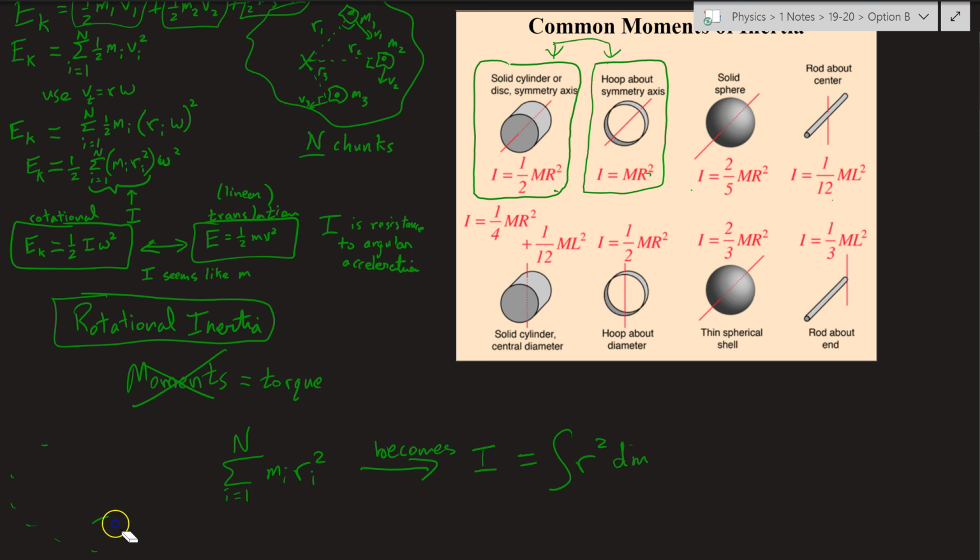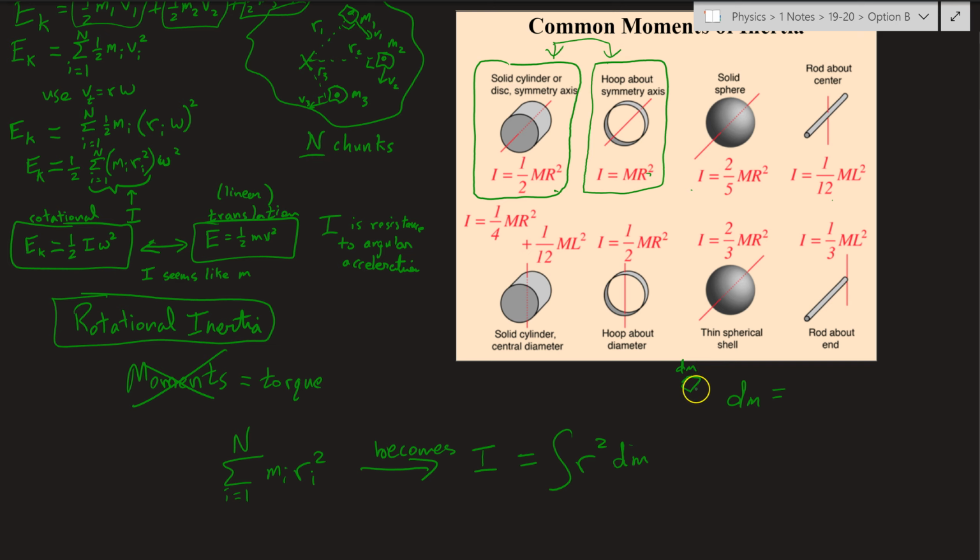I was explaining how the sum turns into these formulas in practice. What you do is you integrate over the entire object. The dm is the tiny chunk of mass, and the integral is summing all the tiny chunks of mass.